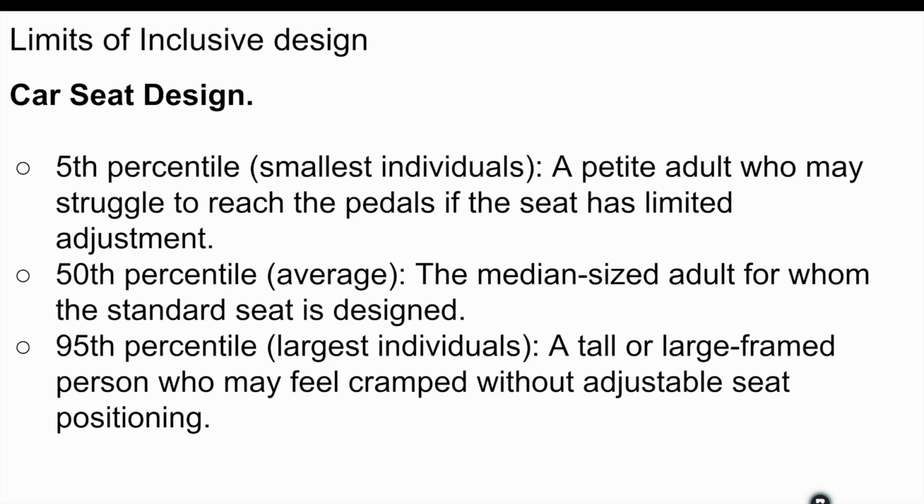The 50th percentile, the median-sized adult for whom the standard seat is designed, that would be who you would design the car seat for. If you're in the 95th percentile or above, so a tall or large frame person, you may feel cramped without adjustable seat positioning. So if we think of car seat design, you're going to want to design it so that it's adjustable between the 5th and 95th percentile. But if you're below the 5th percentile or above the 95th percentile, even that adjustability might not be enough for you.